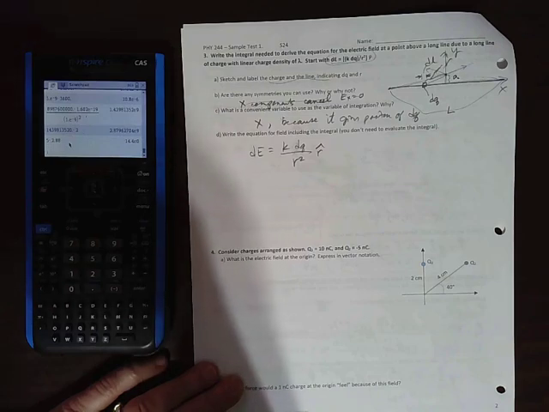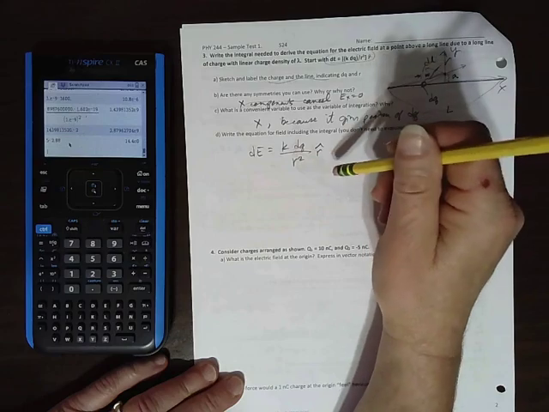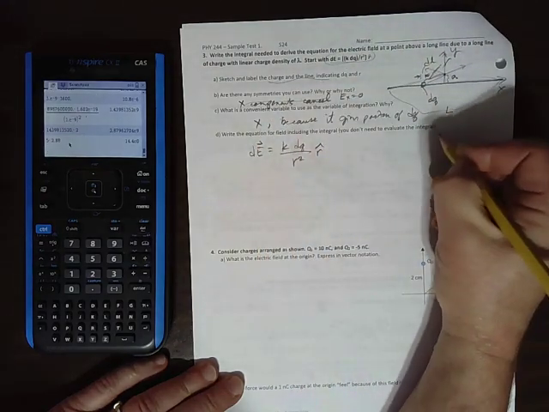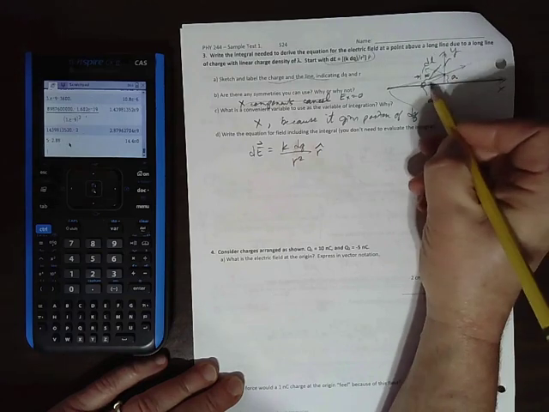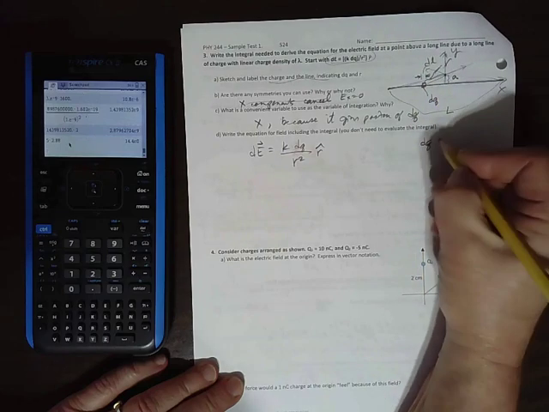Alrighty, and so we will need to just take the y component eventually, but we'll leave it as a vector. Okay, so what is dq? dq is how much charge is on this little length of the line.